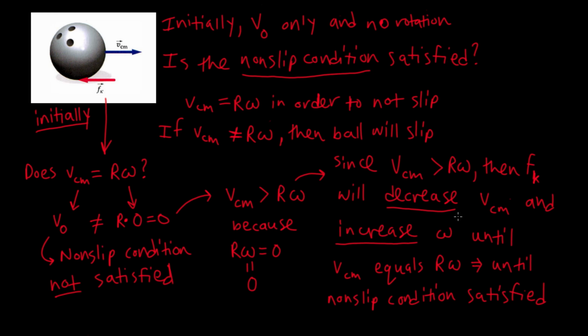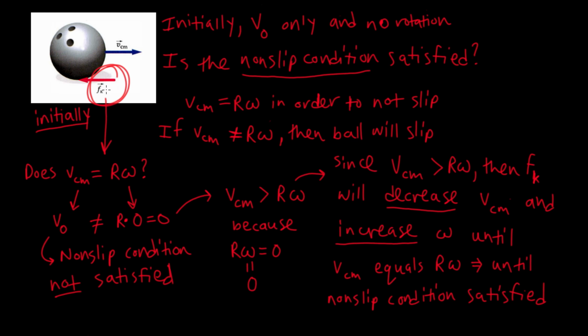And so the force of kinetic friction will continue to decrease the velocity of the center of mass and it will increase the angular speed until the non-slip condition is satisfied. And notice that the force of kinetic friction is pointing opposite to the velocity.